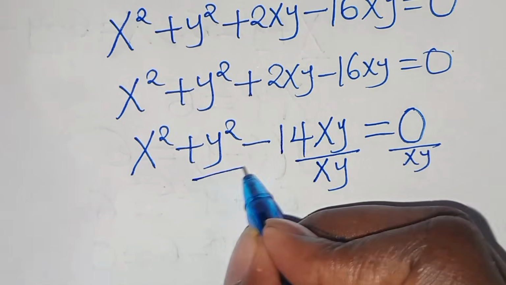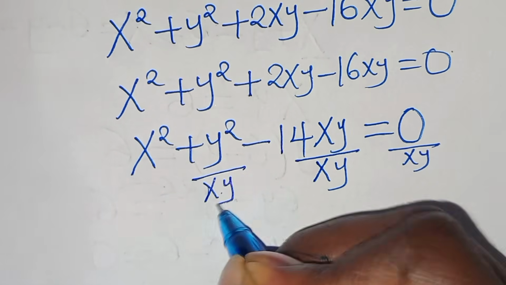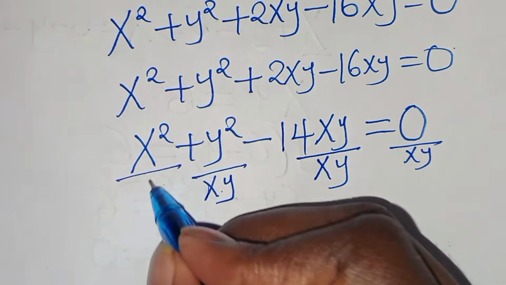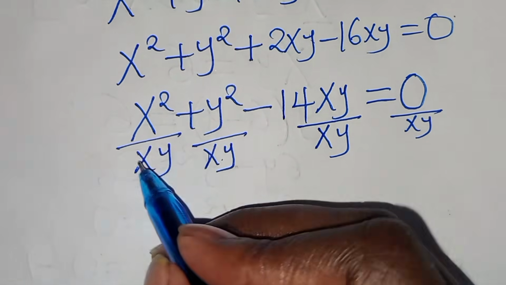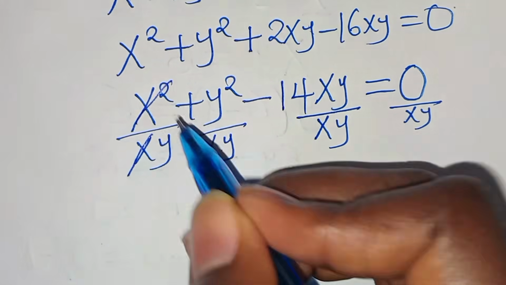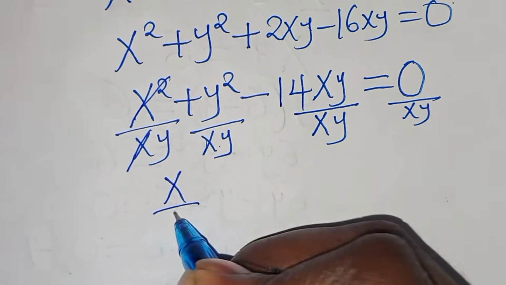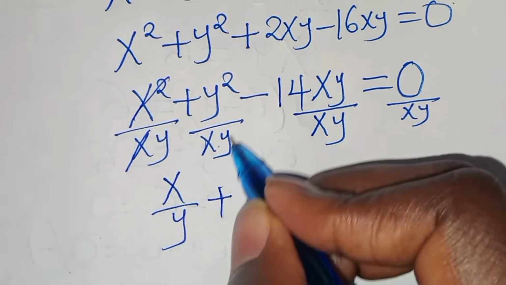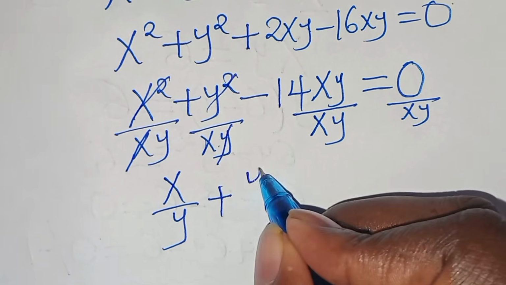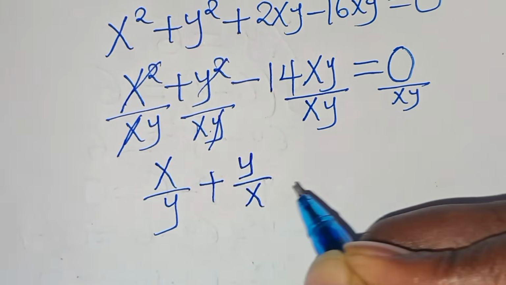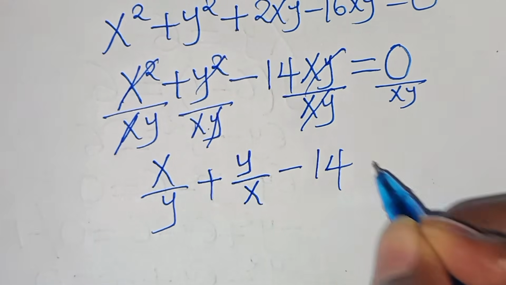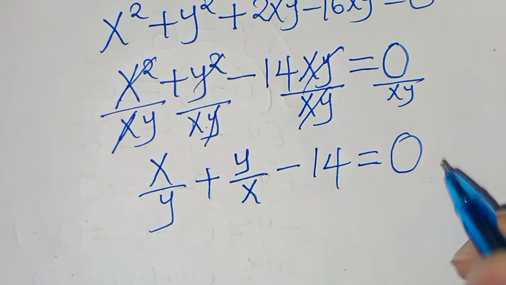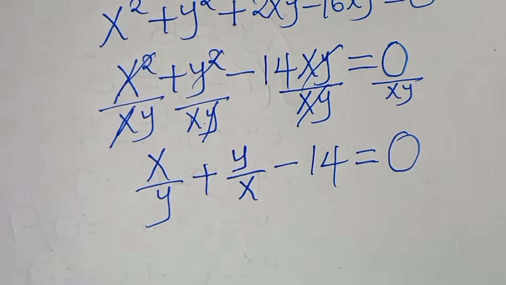Then we have x squared divided by xy, which simplifies to x over y, then plus y squared over xy, which simplifies to y over x, subtract 14. This is equal to 0, because 0 over xy is equal to 0.